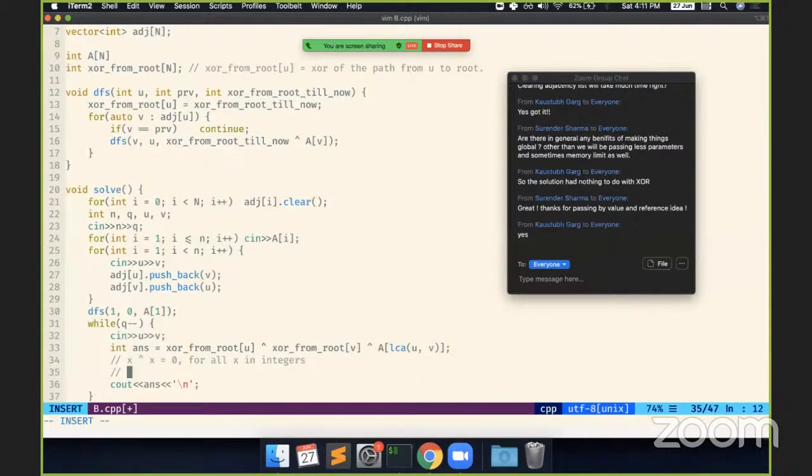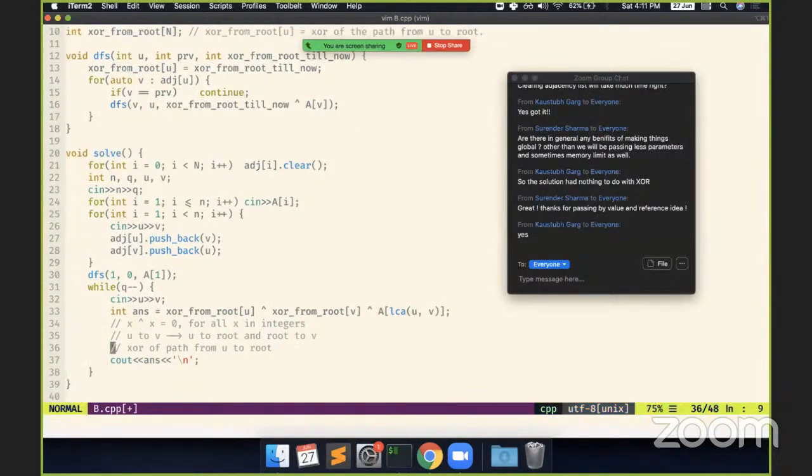So when you have, let's say, a path from U to V, which can be broken into paths from U to root and root to V, now the XOR of the path from U to root, when XORed with the XOR of the path from root to V, a lot of stuff cancels out and it becomes the XOR of the path from U to LCA minus 1 and V to LCA minus 1.